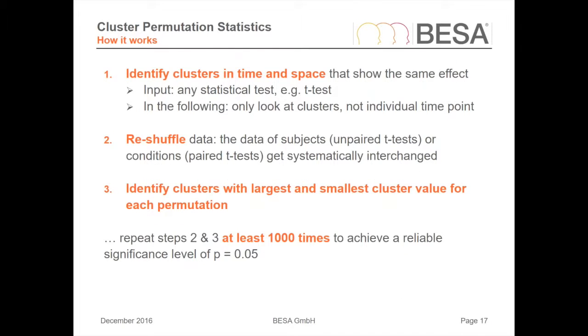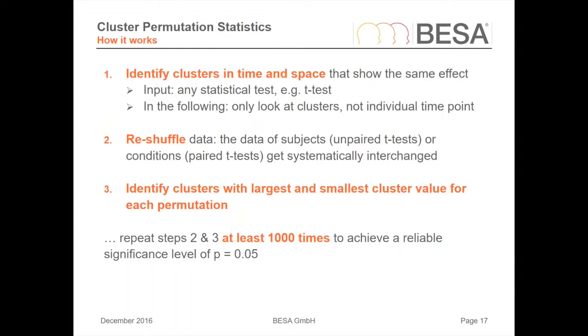So in summary, for the permutation statistics, first we identify clusters in time and space that show the same effect. And the input can be any statistical test, t-test or f-test or other tests. In the following, we then only look at the clusters and no longer at the individual time point. We then reshuffle the data.